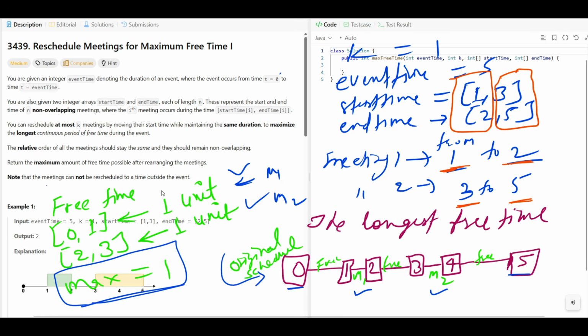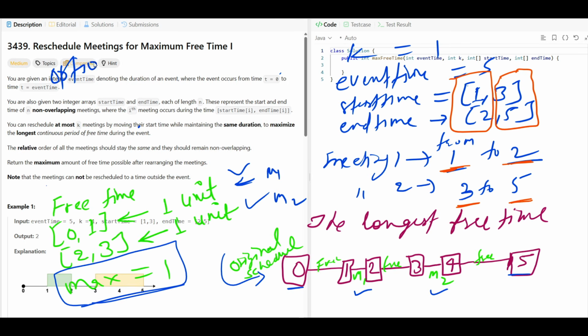So the question is, can we improve it by shifting? When k is equal to 1, we are allowed to shift one meeting, so we can improve it by shifting. Let's understand what options we have.